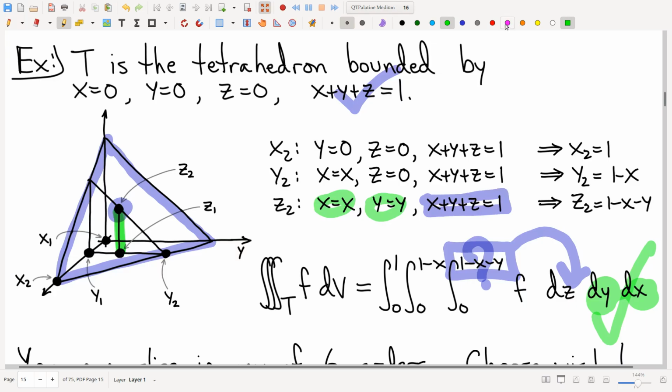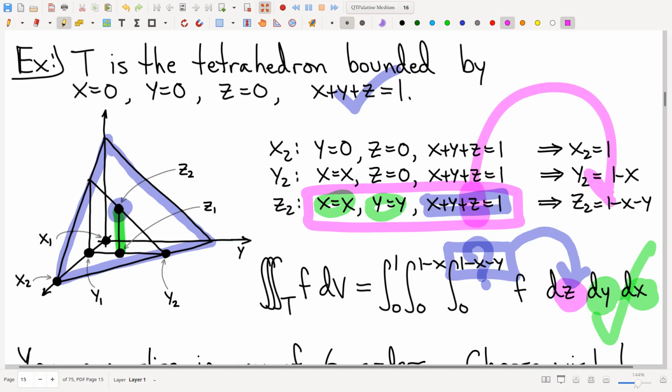I feel the need to always check back. I'm trying to solve for z here because it's a z bound that I'm interested in. So in this algebra, I need to solve for z. That gives me this, and that makes my upper bound for z, like so. Everybody happy? Everybody see the process is the point.